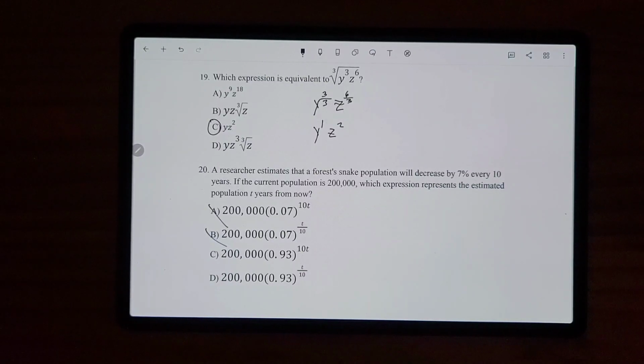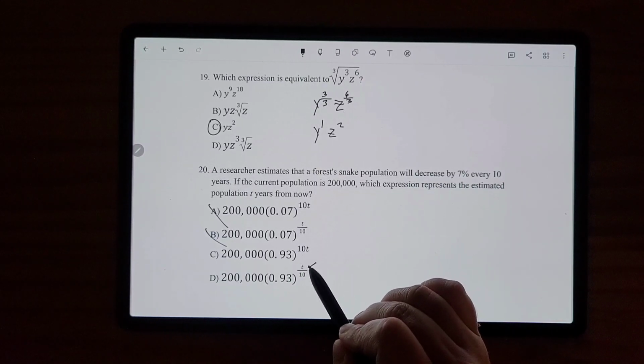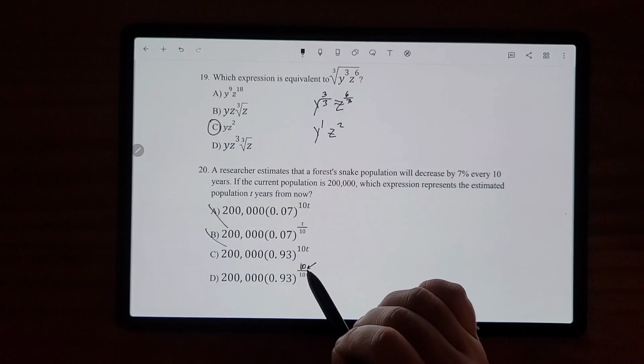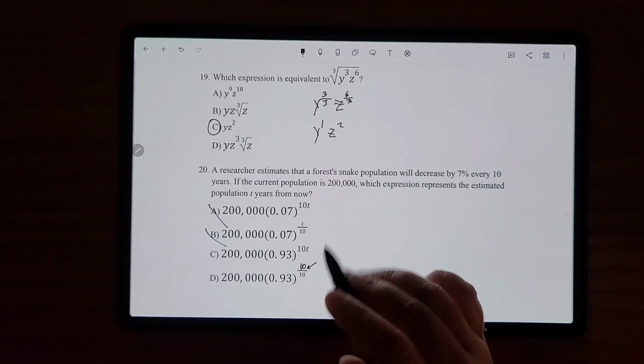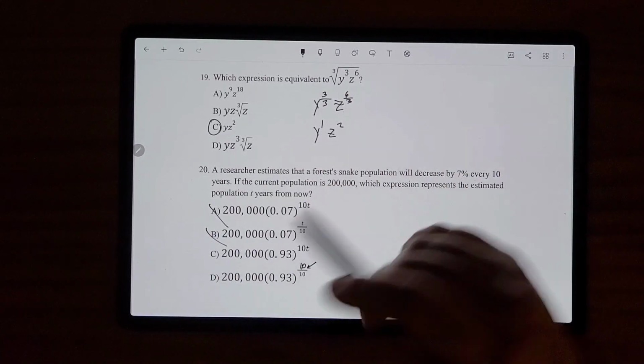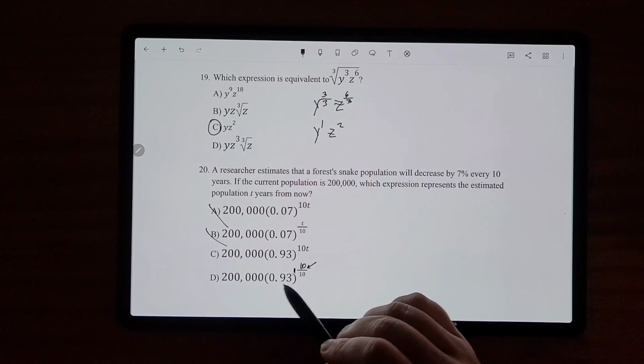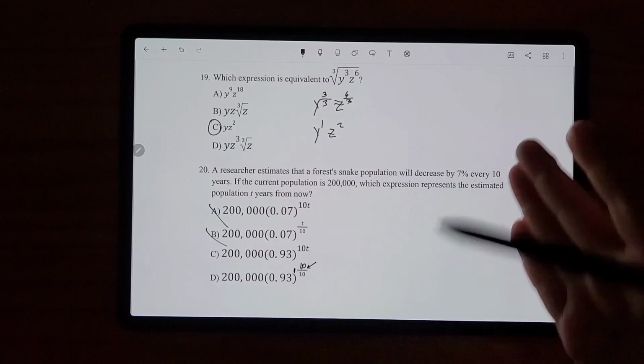So that means that if we plug in, T is in years. So if we plug in, I'm trying to think of the best way to say this. So if we plug in 10 for T, for instance, right here, that would be 10 over 10, which would simplify to 1. So then in a period of 10 years, we're going to be multiplying by this one time because it's raised to the first power, which matches the scenario.